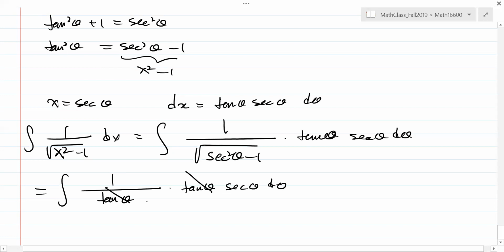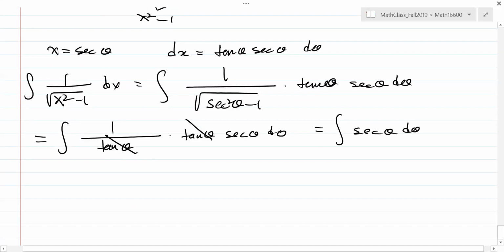You end up with the same integral of secant theta. Right? Integral of secant theta, by the same idea we did before, we come back to this integral: secant is 1 over cosine theta d theta.